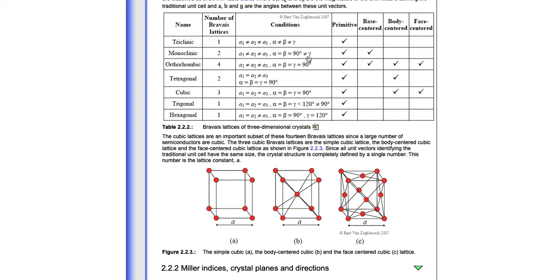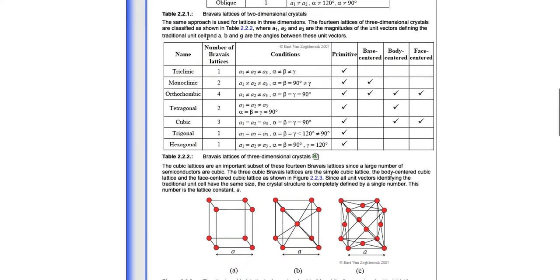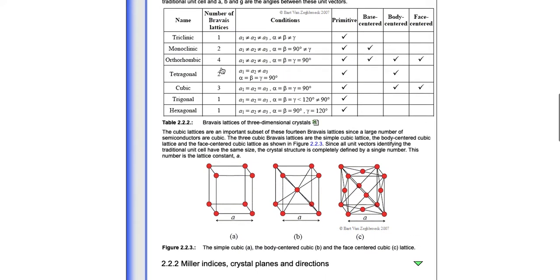I will describe alpha, beta, gamma in detail as well. A1, A2, A3 are the magnitudes of the unit vectors defining the traditional unit cell, and alpha, beta, gamma are the angles between them: a1 and a2 form angle alpha, a2 and a3 form beta, and a3 and a1 form gamma.